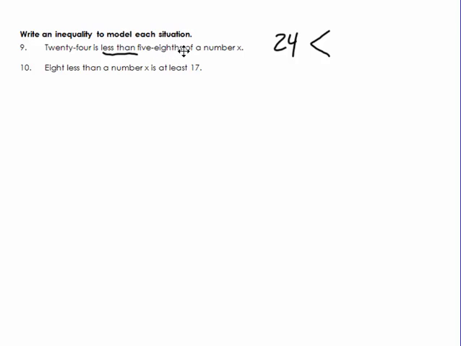Now, 5/8 of a number, well, of implies multiplication. So I'm going to say 5/8, which is just a fraction, 5 divided by 8, times x, because it wants a number x. So here's my inequality: 24 is less than 5/8 of x.